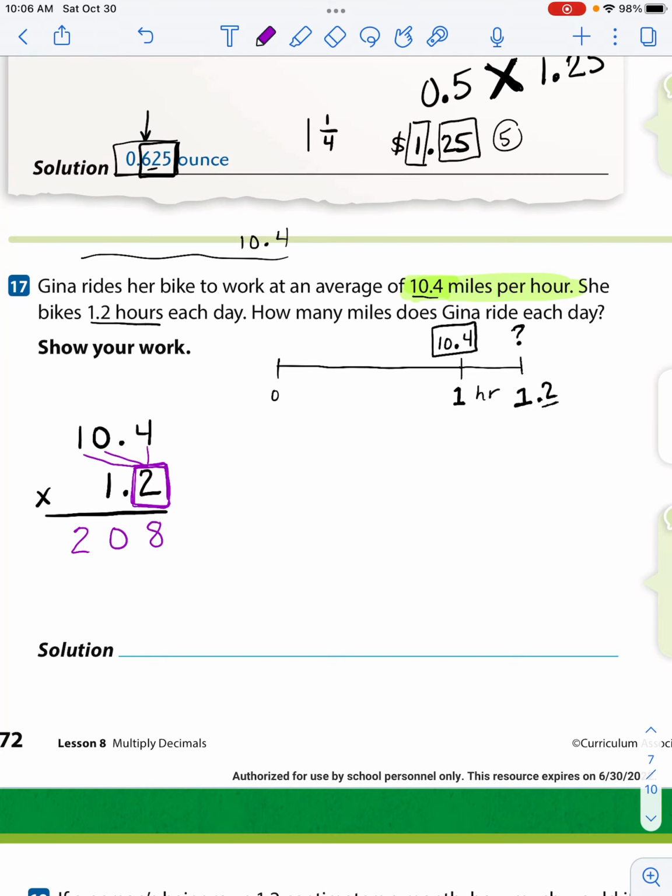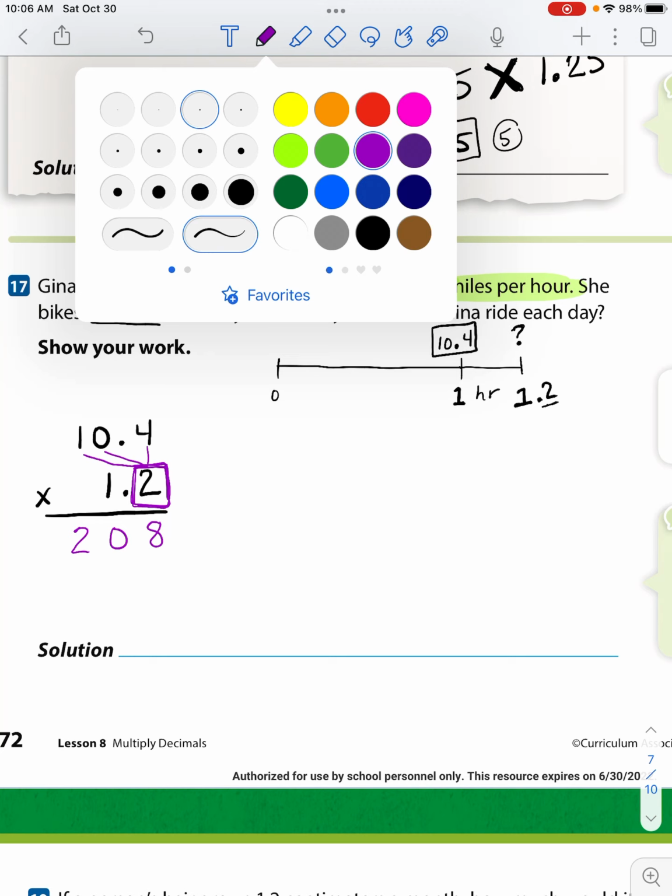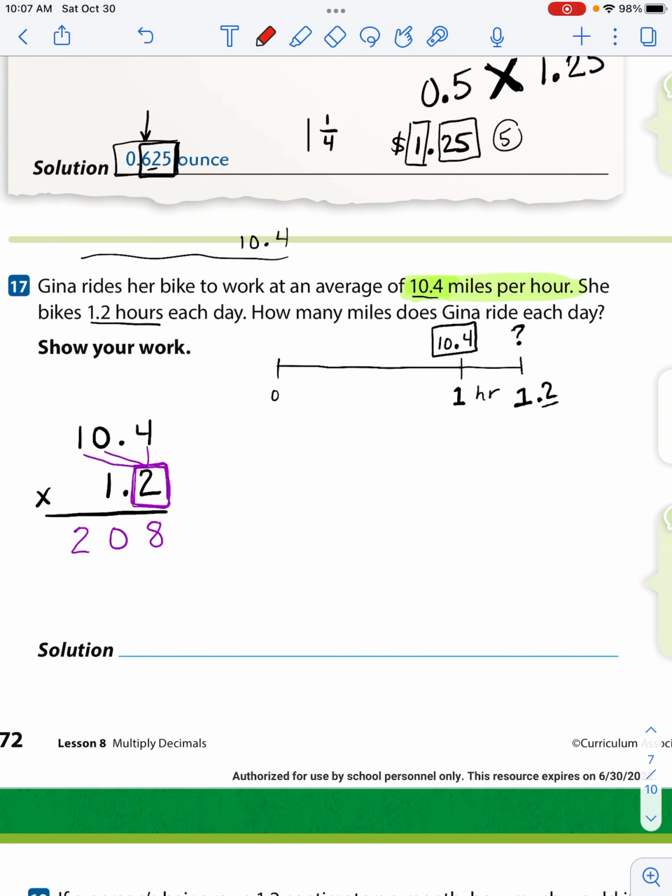Then, what if we think about this, continuing to do it old school, okay? Put a 0 there technically in the tenths place, because we're not multiplying the tenths. We're done with that. Okay, 1 times 4 is 4. 1 times 0 is 0. And 1 times 1 is 1. And add it all up.